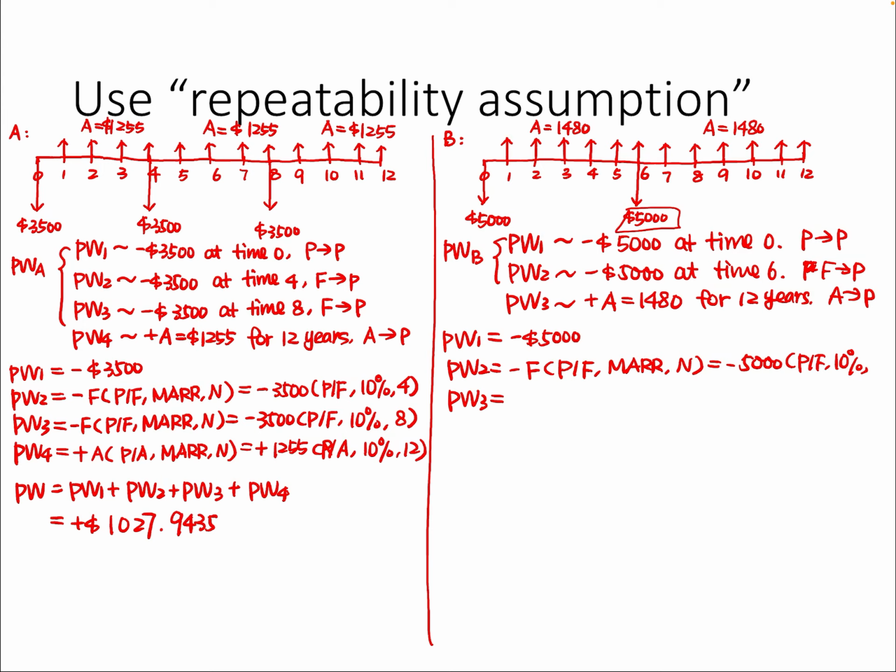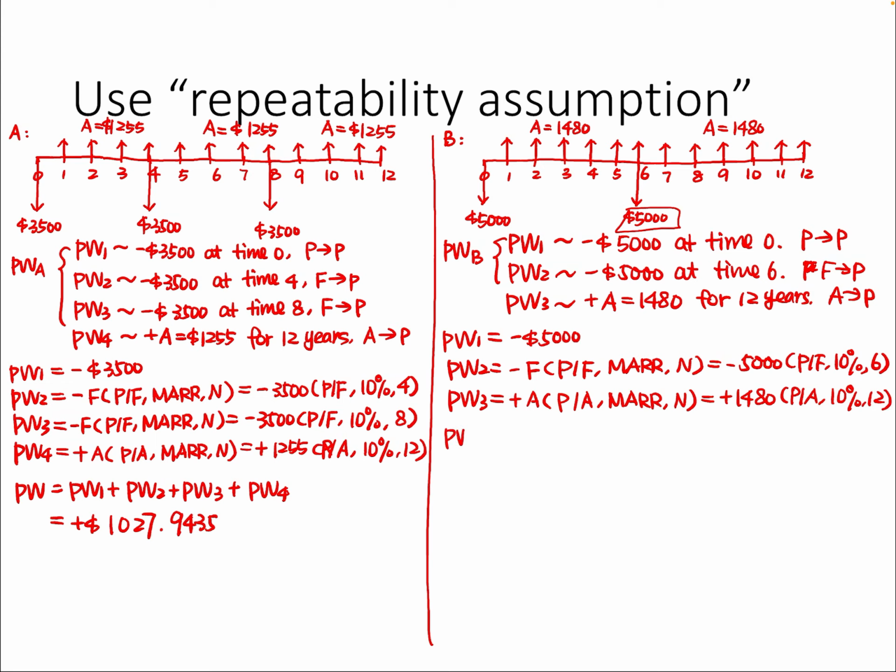It's at the end of the 6 years, so the N is 6. PW3 is to convert the annuities, so the formula is A times P/A MARR N, so it's positive 1480 times P/A 10% 12.